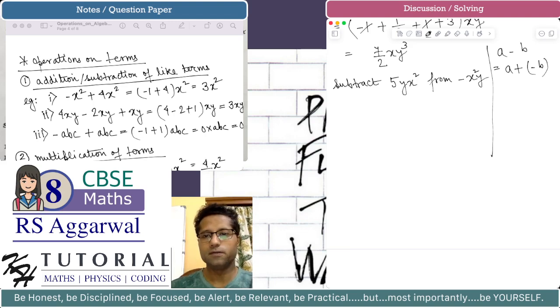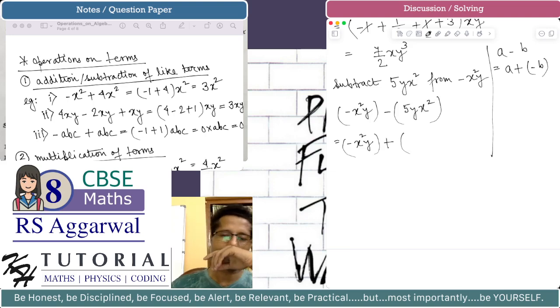So we have to subtract 5y x square from minus x square y. So this is equal to minus x square y plus the additive inverse of 5y x square, which is minus 5y x square.